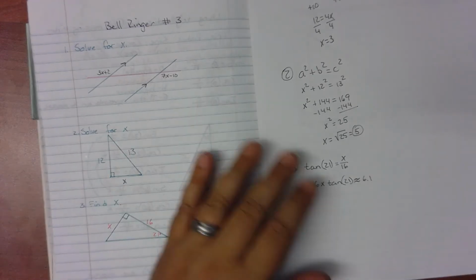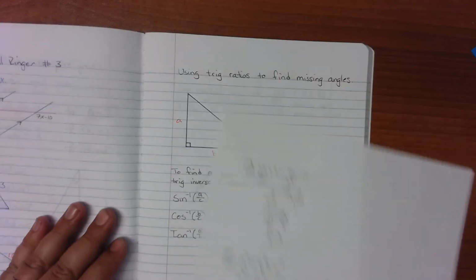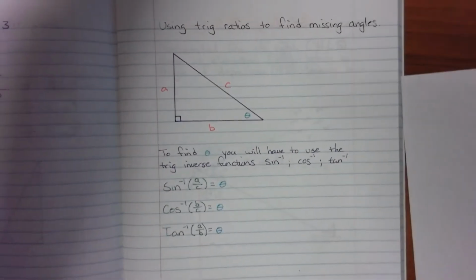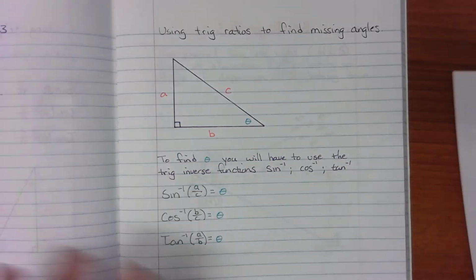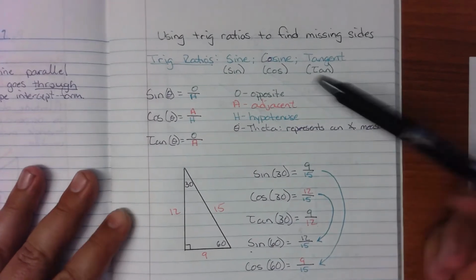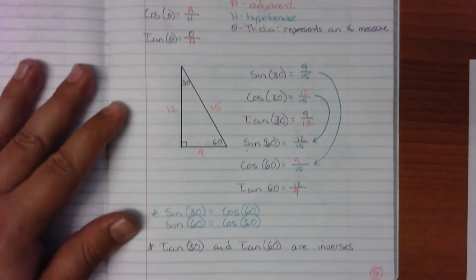Alright, now the new notes that you should already have. Trying to find a trig, or using trig ratios to find angles. Sine, cosine, tangent that we did last class. We're going to use this if we're missing a side. Okay?